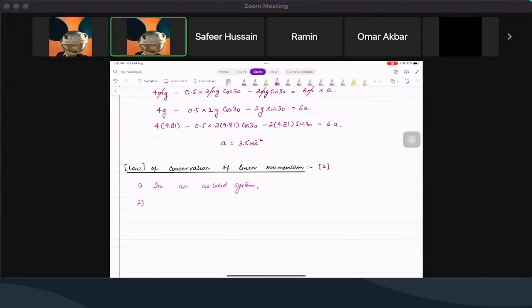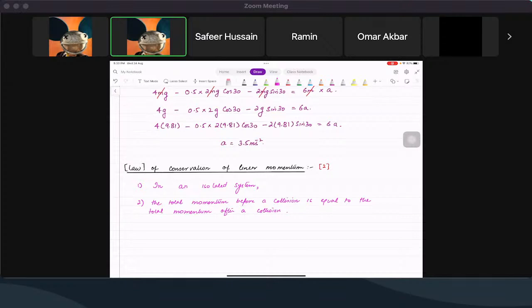So in an isolated system, the total momentum before a collision is equal to the total momentum after a collision. So this is the law. 1 mark for writing just 'in an isolated system', the rest for 1 mark.